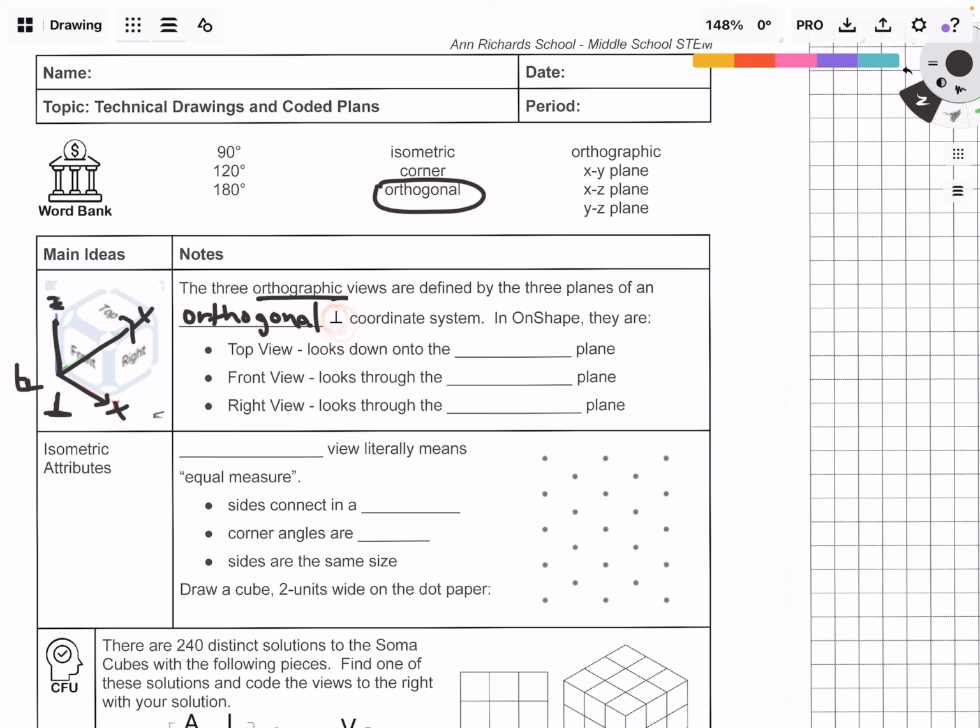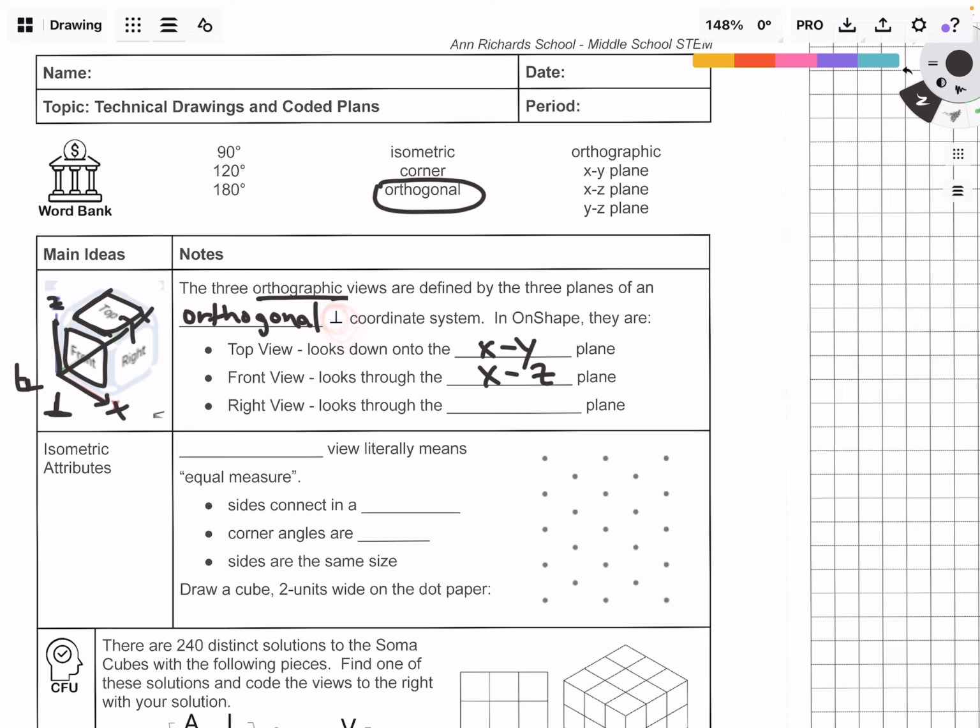So we're going to take a look at each one. So my top view in my drawing is right here. And if I'm looking down from the top, my two axes for my top view, going this way and this way, are my x and my y. My front view is right here. My two axes that I would be looking at my front view with are x and z.